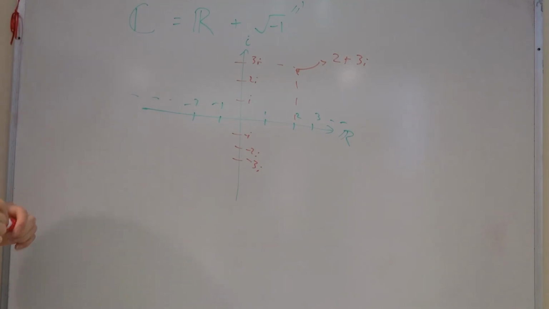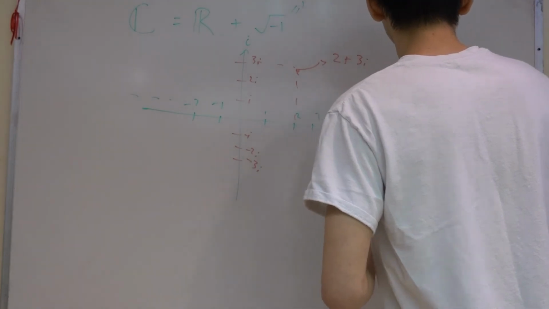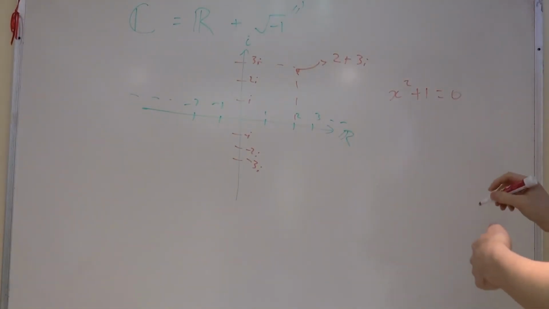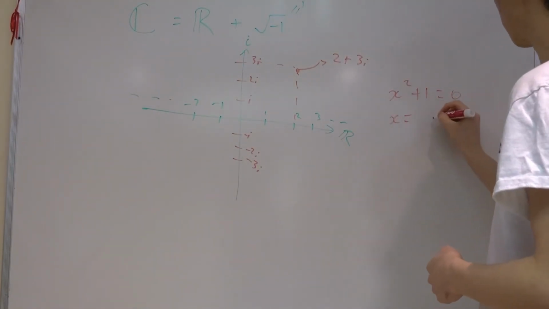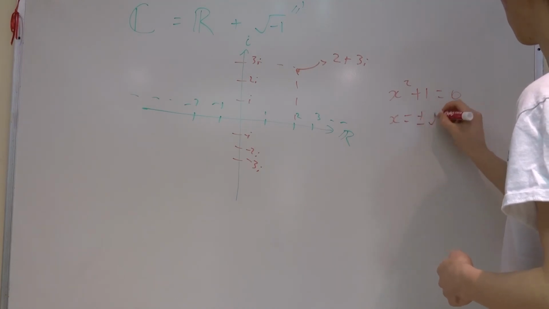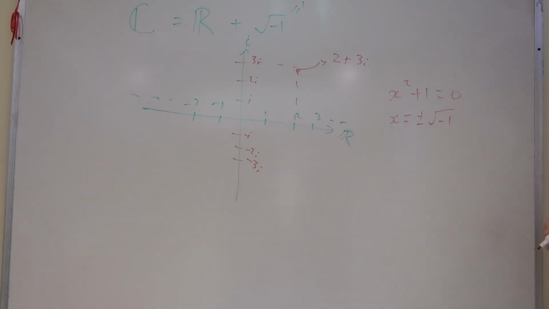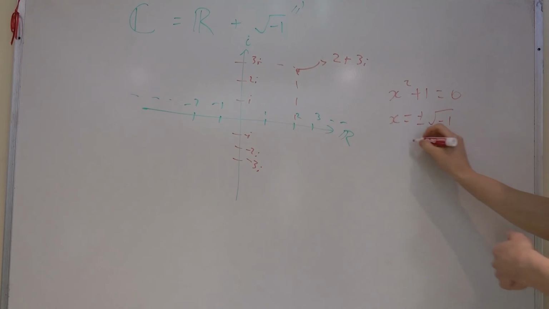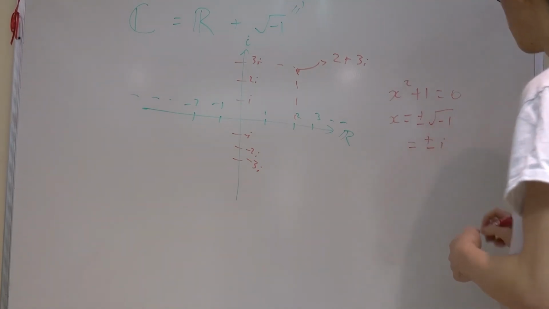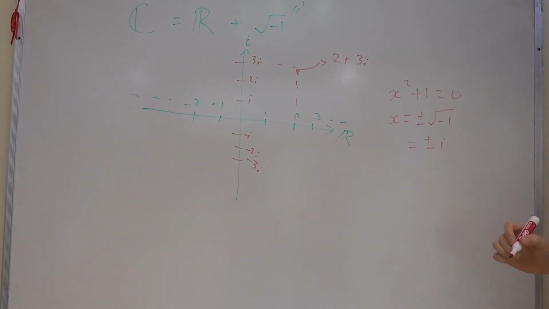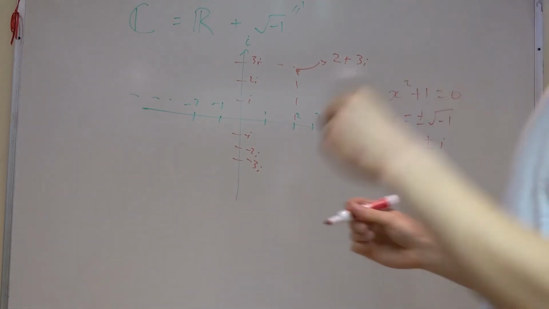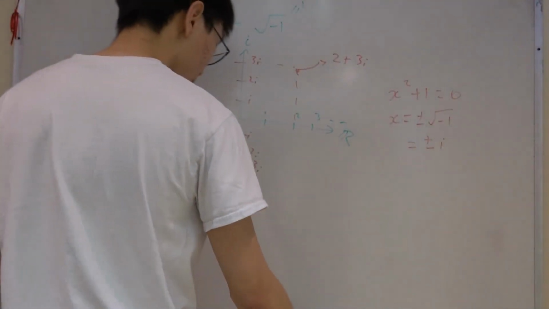Okay? Now, the reason why I'm bringing this up is because a lot of our quadratics have imaginary solutions. So for example, if you try to solve the quadratic x squared plus 1 equals 0, you get x equals plus or minus root -1. But root -1 is just i, so your answers are actually plus or minus i. Okay? I would like to introduce some terminology here.